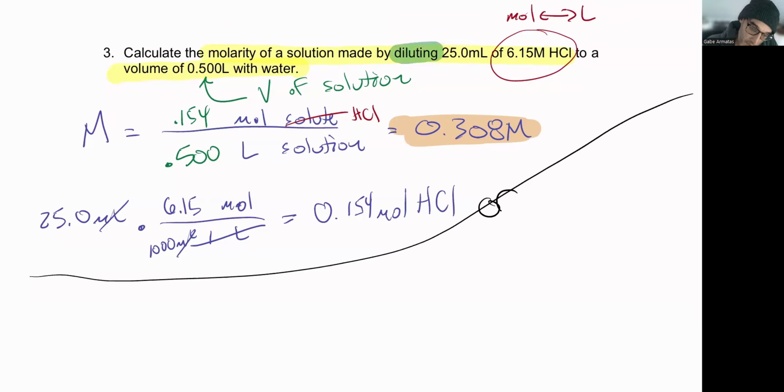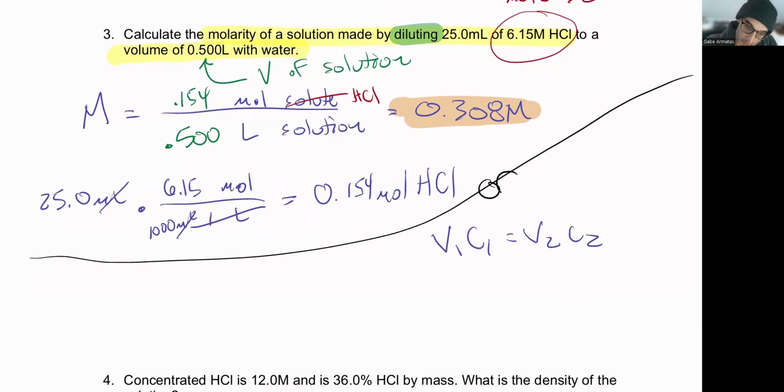Whenever you have a dilution, we can use V1C1 equals V2C2. So my volume 1 is 25 mils of my solution at a concentration of 6.15 molar. My volume 2, actually we know that, 500 mils or half a liter.